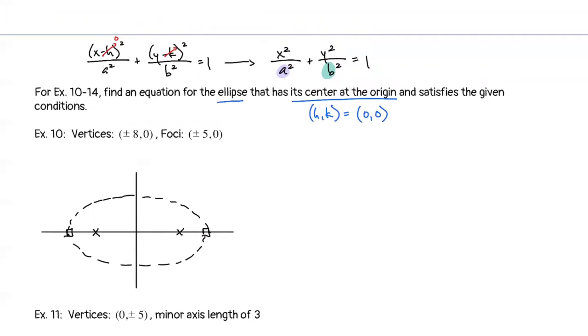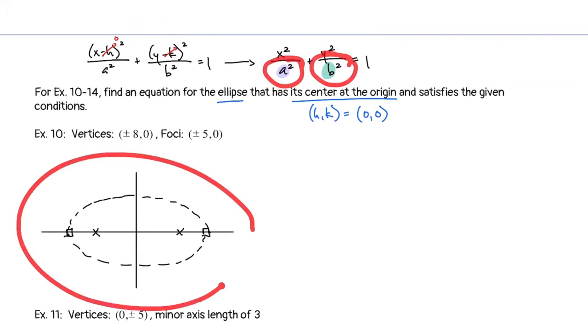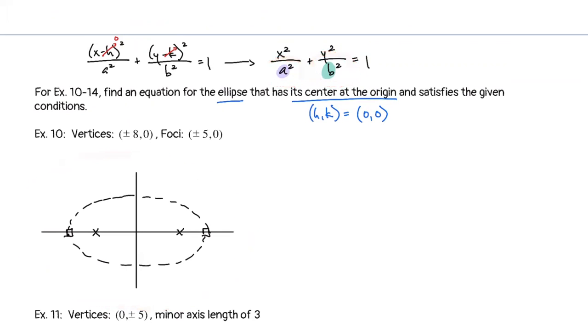I also, do I have A or do I have B given my diagram right now? Why do we have A? Because it's on the x-axis, the major axis.